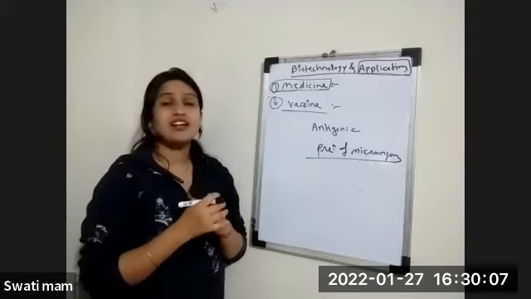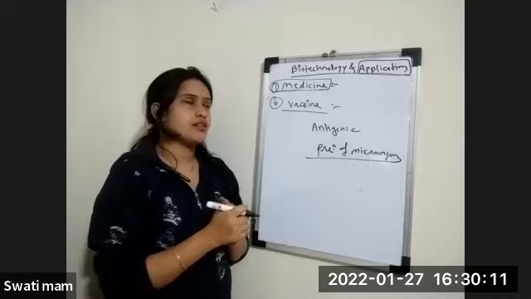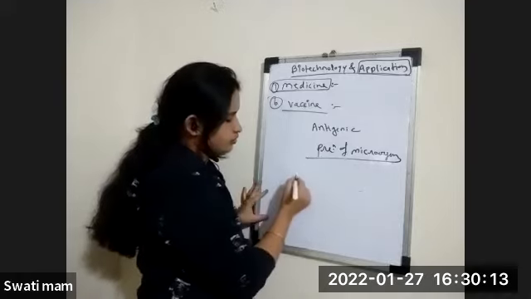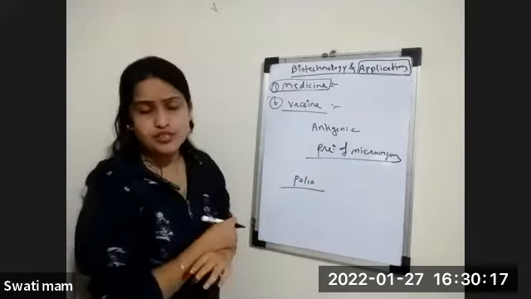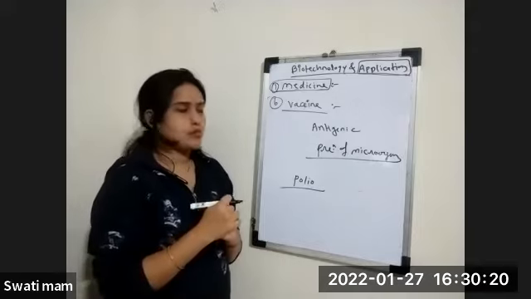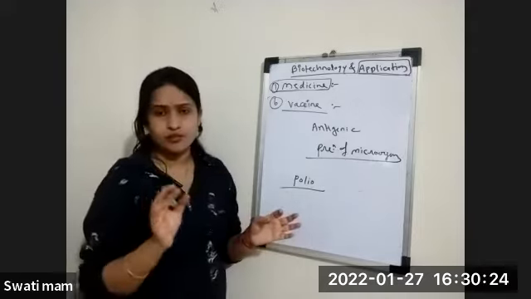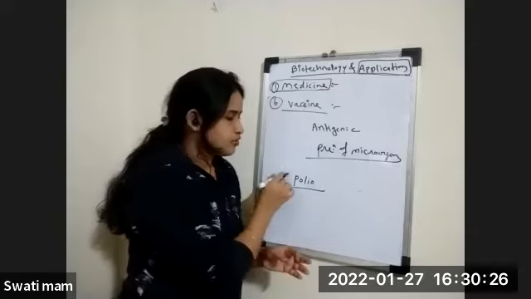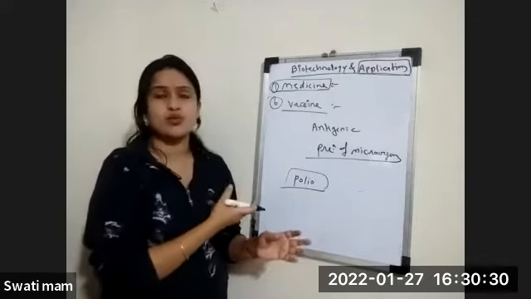For example, there are several vaccines which are recently present. There is a polio vaccine. Polio is one of the diseases, but luckily now this disease has almost disappeared from the earth, as the full population has been vaccinated by this polio vaccine.